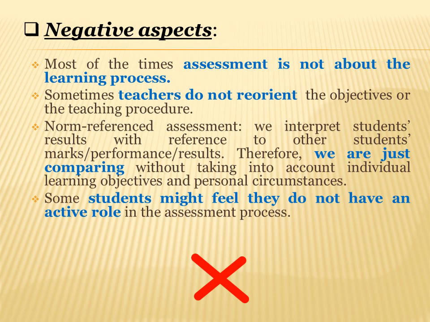And this point is a very important one. The last one is that students, or some of them, might feel that they don't have an active role in the assessment process. So this is a very important thing, because maybe they can have an active role, and we can change this. Let's continue.